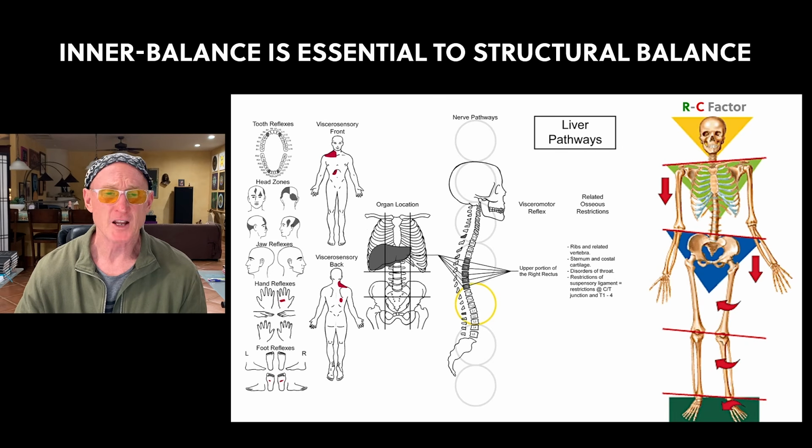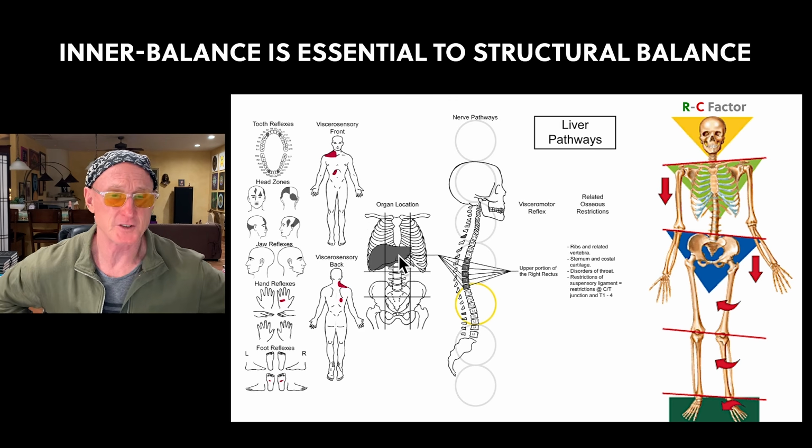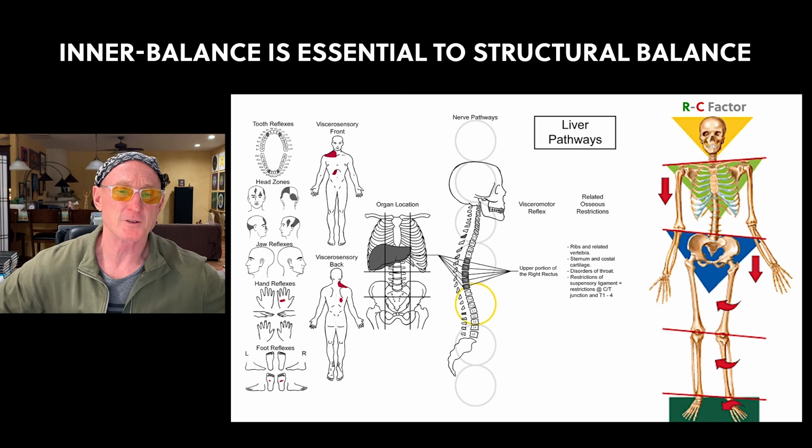Now, what's important is that we have two kinds of reflexes coming from organs that affect muscles: viscero-inhibitory and viscero-excitatory. Sometimes organs will cause muscles to be too excited and go into spasm, because if there's too much energy, such as someone drinking Red Bull all the time or Monster, it can overload the liver and stress the liver.